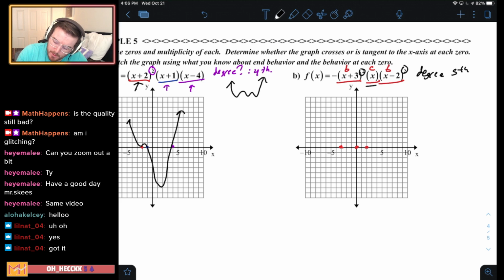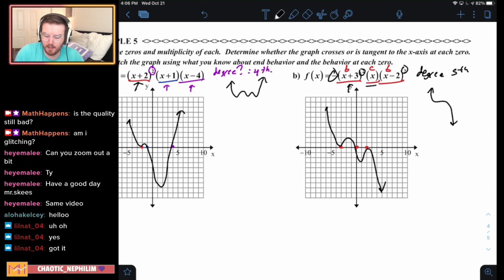It's a 5th degree polynomial and it's negative. So it has to look something like that. It's got to work its way down. So that means when we bounce at the first thing, we're coming down and bouncing up, and then crossing, and then bouncing and coming down.